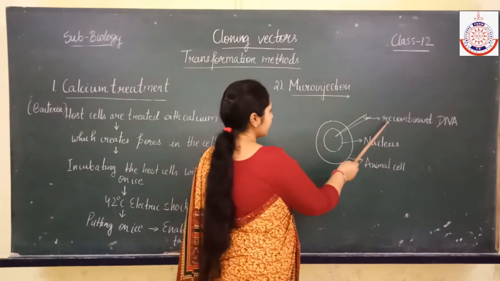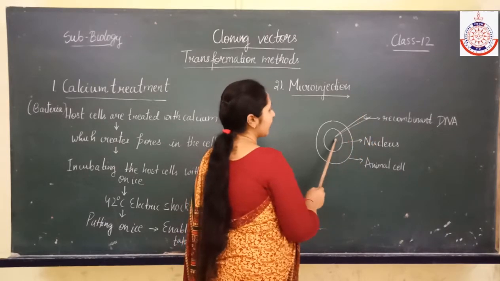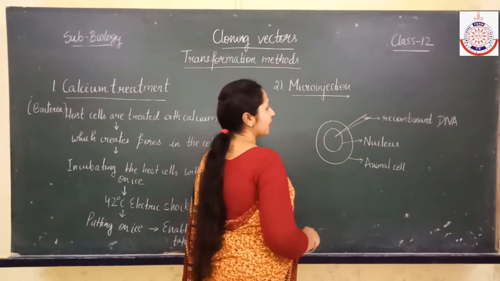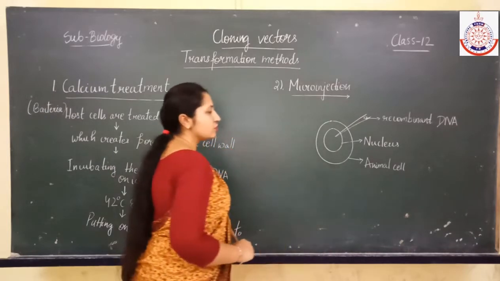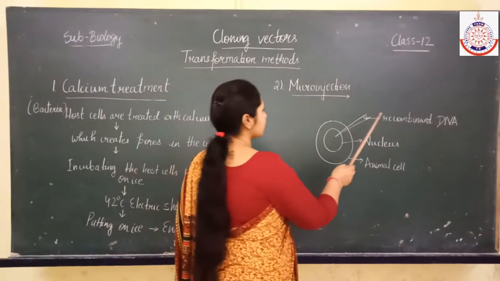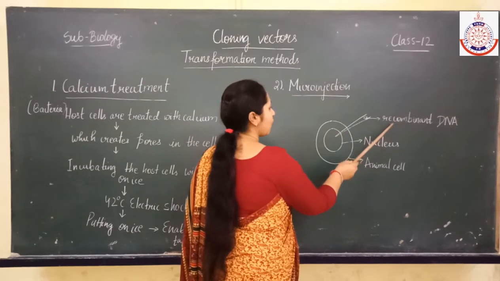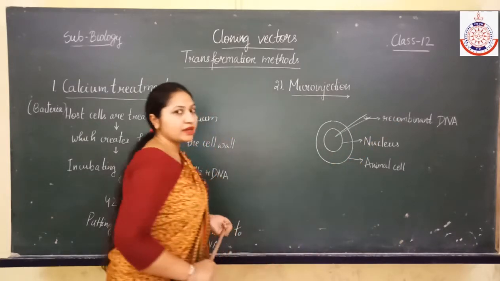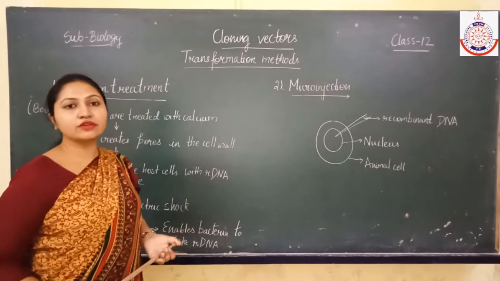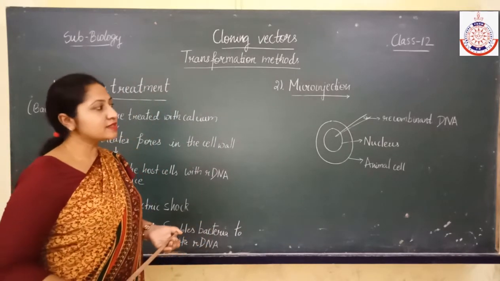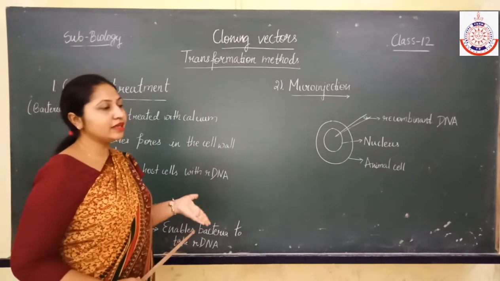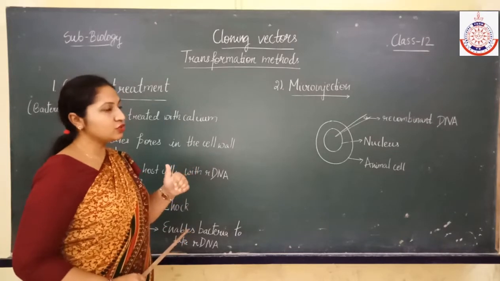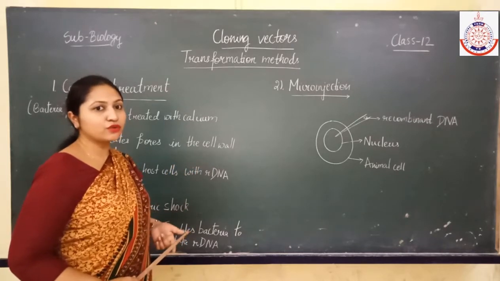Micropipettes are used for the transfer of the recombinant DNA directly into the nucleus, and this process is known as microinjection, as the recombinant DNA is directly introduced into the nucleus through the micropipette.